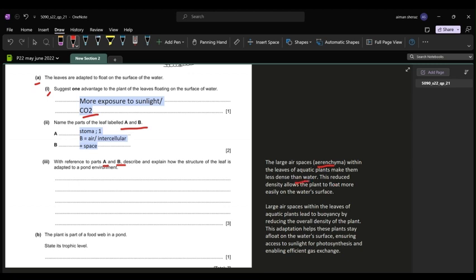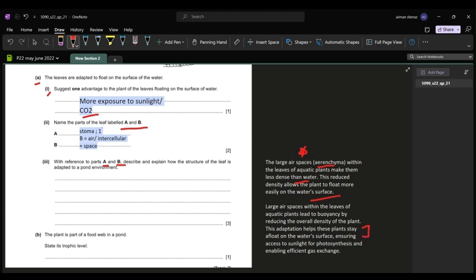And you should know that जो भी चीजें less dense होती हैं water से, they start to float, and this property of air spaces will make them easy to float on the surface of water, and they will be more exposed to sunlight and air for efficient gas exchange and photosynthesis.